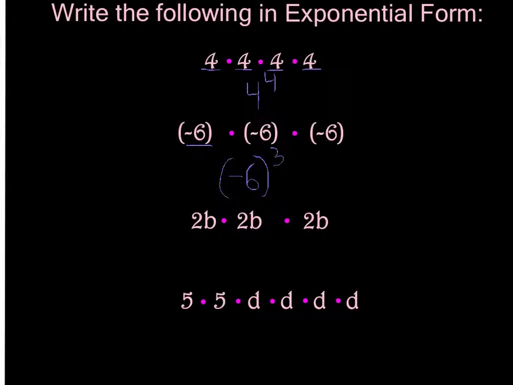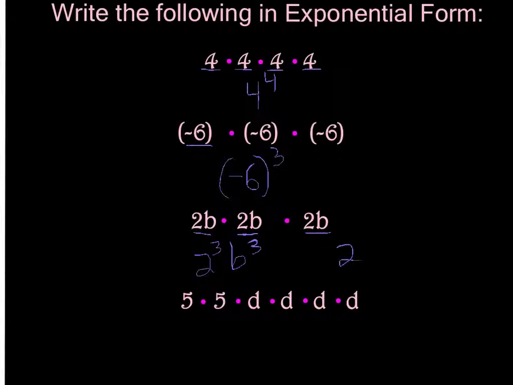Now I see 2b, and I see 3 of them. Well, you have a choice here. They're not glued together, so I see 3 2's and I see 3 b's. So this is one answer.